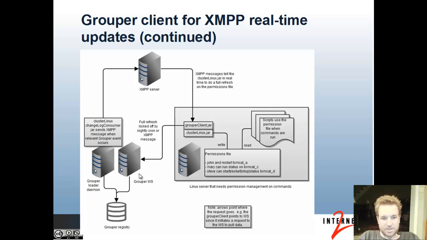So in this case, the full refresh is going to be kicked off by a nightly cron, and the Grouper loader has a changelog consumer that's looking for specific changes in the Grouper registry, and when it gets them, it's going to send a message to the XMPP server at your institution where the Grouper client is listening, and that XMPP message will tell the Grouper client to execute some custom logic, and that custom logic is going to tell it to do a full refresh.